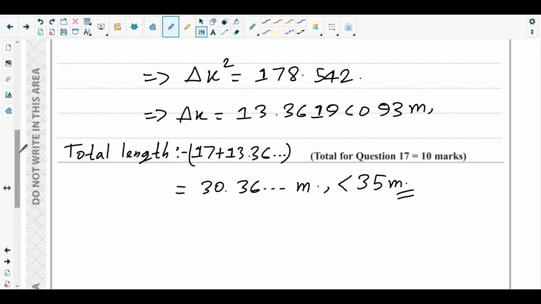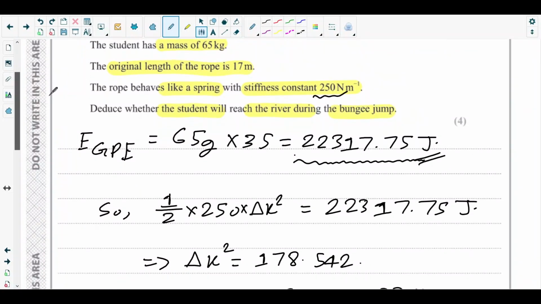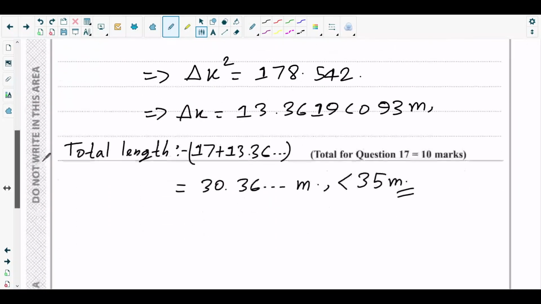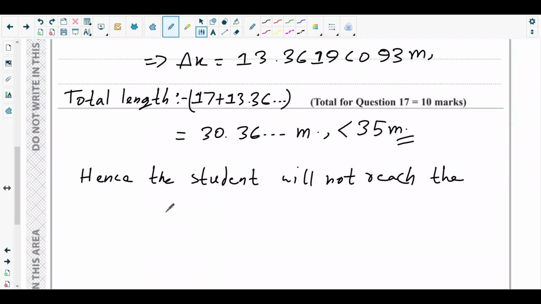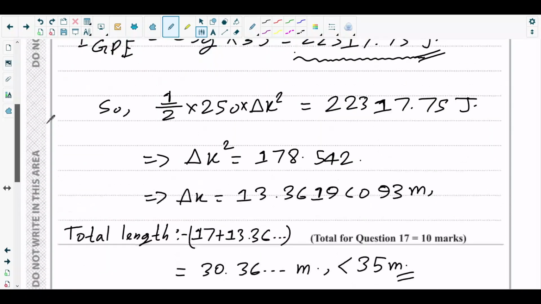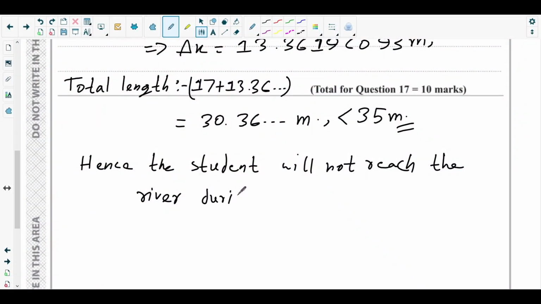So what we could deduce from here is that the student will not reach the river during the jump. Okay, that's the deduction.